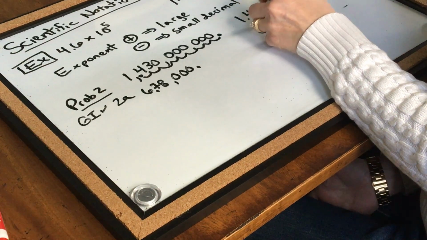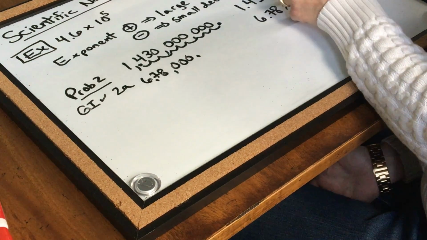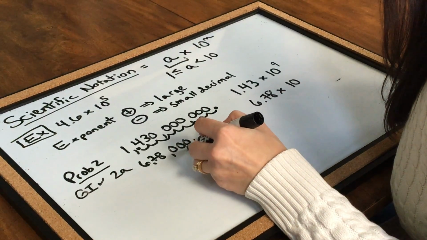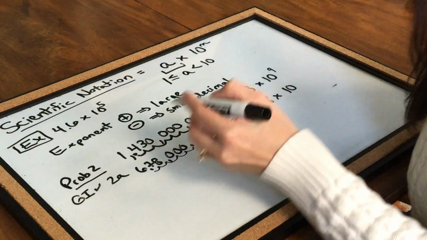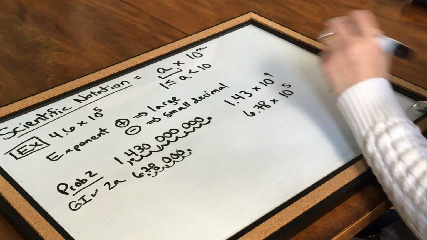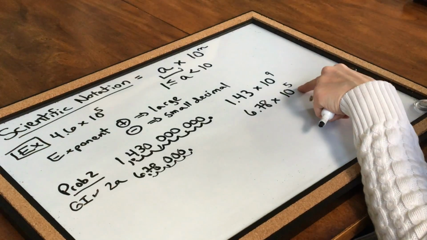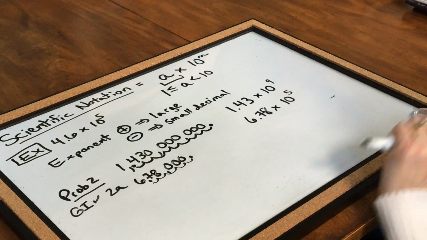So it's going to be 6.78. And then I'm going to figure out my exponent by counting my moves: 1, 2, 3, 4, 5 moves. So my exponent is going to be 5. I'm dealing with a large number, so my exponent is going to be positive.